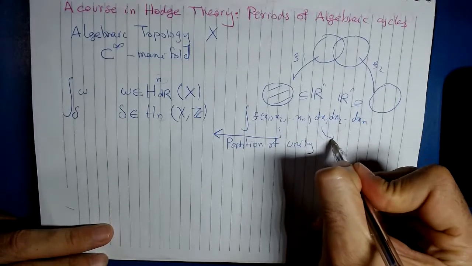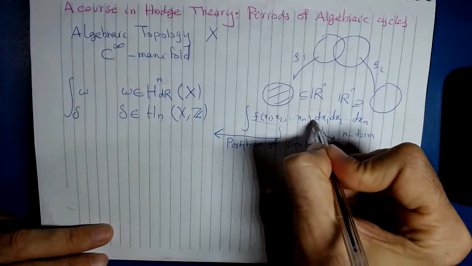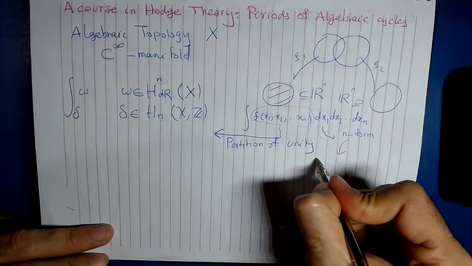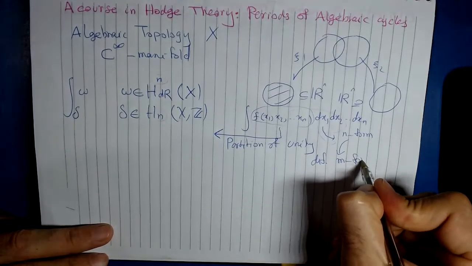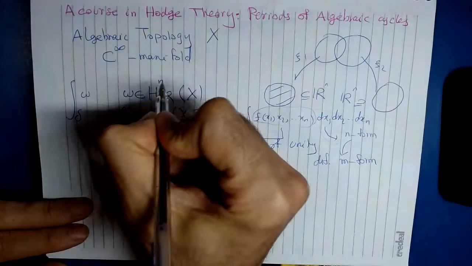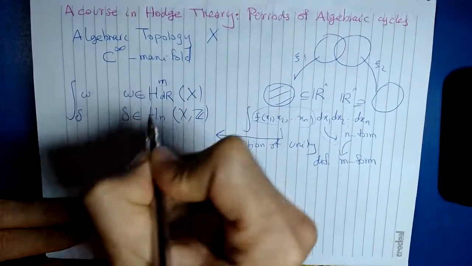So here, this is an n-form, and this guy is a C infinity function. But in general, we can replace this one with the differential n-form. And so here, instead of just the dimension of X, we can put arbitrary m.